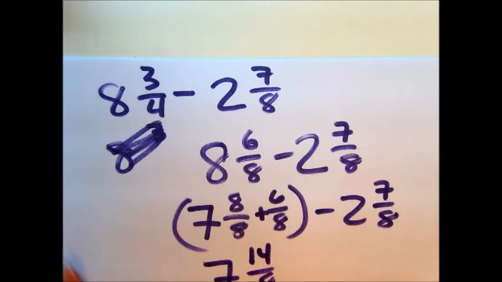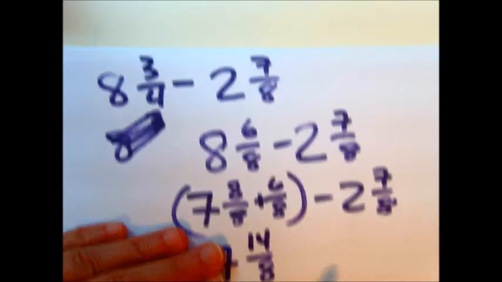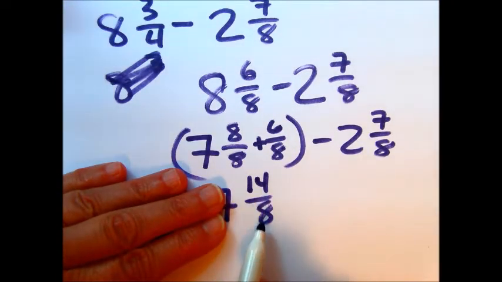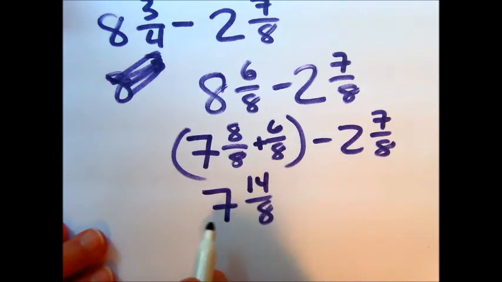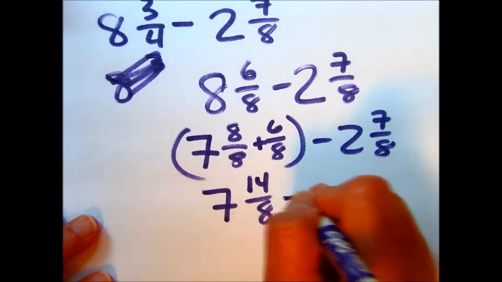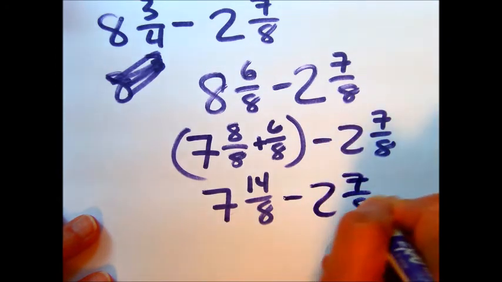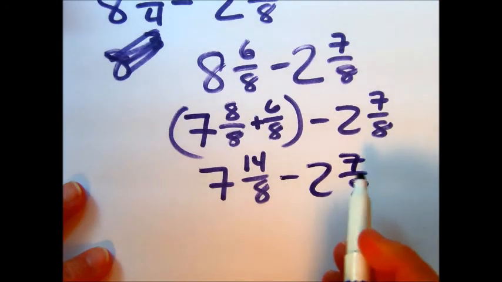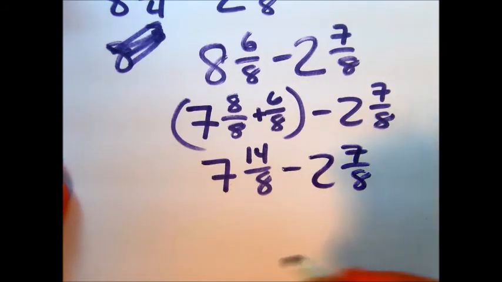Notice this part is an improper fraction. 14/8, that's improper. We need it to be improper so we can take away the 7. I'm going to subtract 2 7/8. And again, if you want to rewrite it, you can.